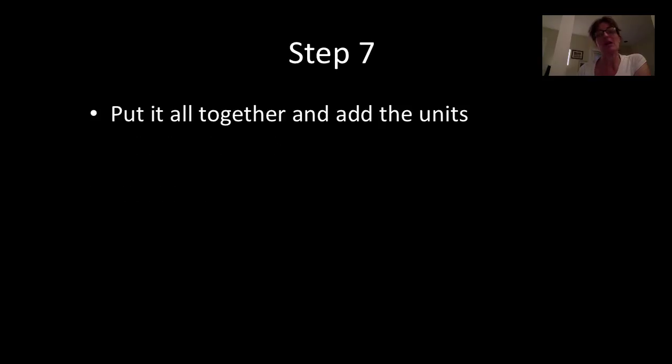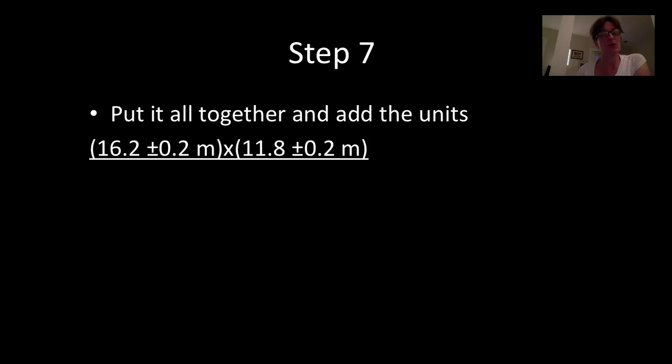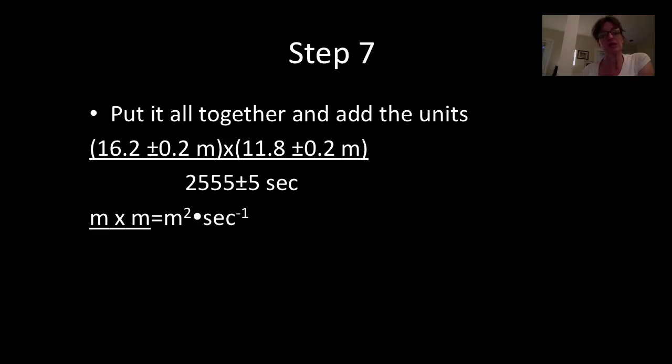Next step. Now I'm going to put it all together and add my units. Here's my original problem, and I'm going to look at my units. Now remember, I have to treat units like numbers. So I see that I have meters times meters on the top divided by seconds.